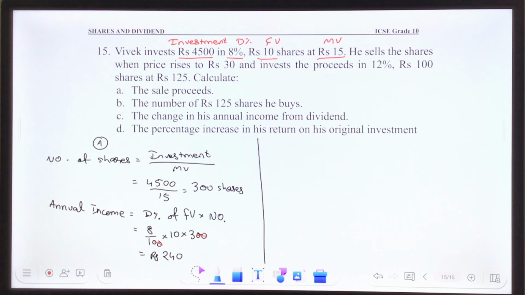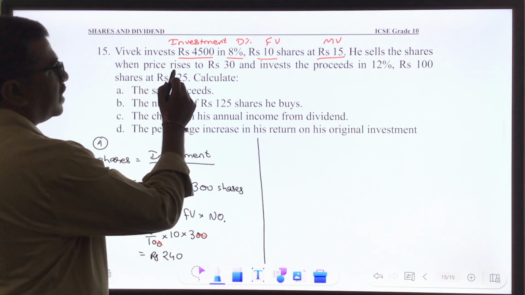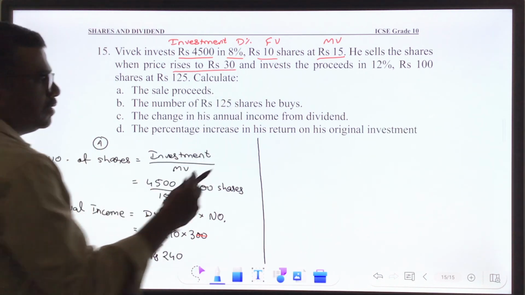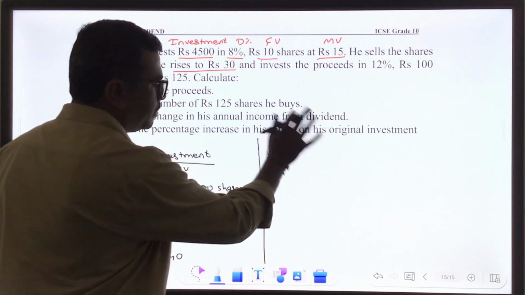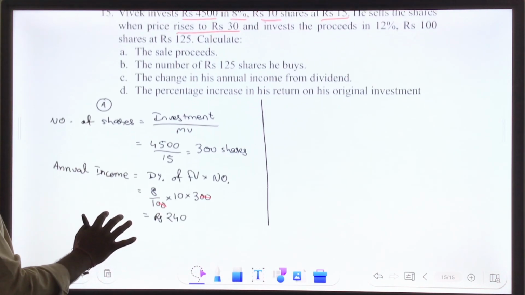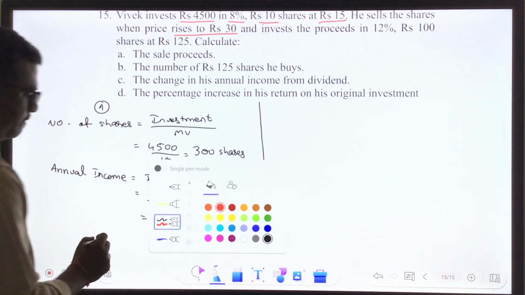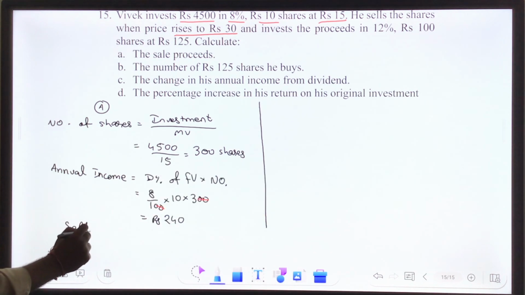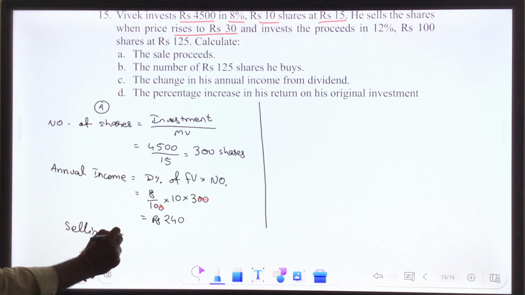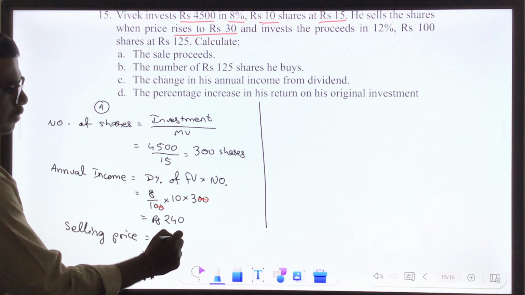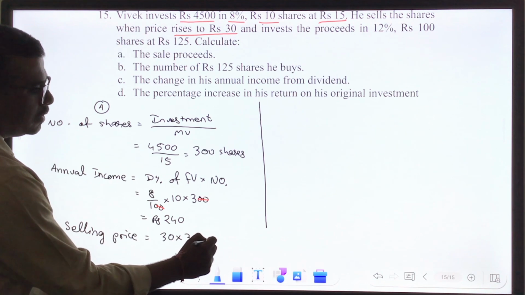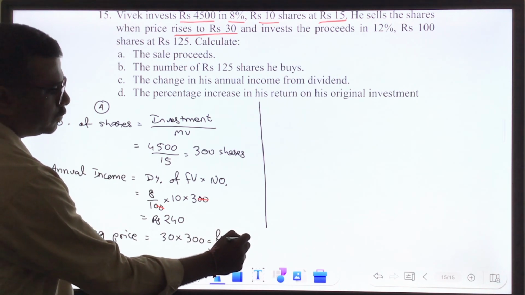Now he sells the shares when the price rises to rupees 30. So the selling price will be rupees 30 into number of shares 300, rupees 9,000.